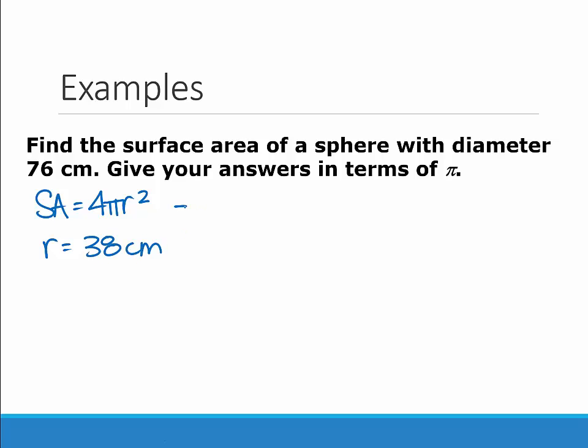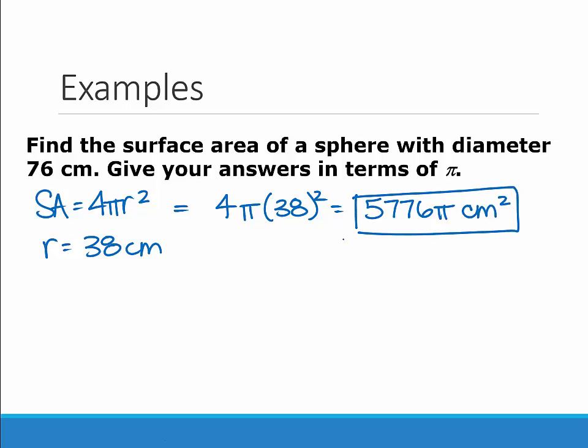And because they want it in terms of pi, all we have to do is square 38 and then multiply by 4. So we end up with 5,776 pi centimeters squared is the surface area.